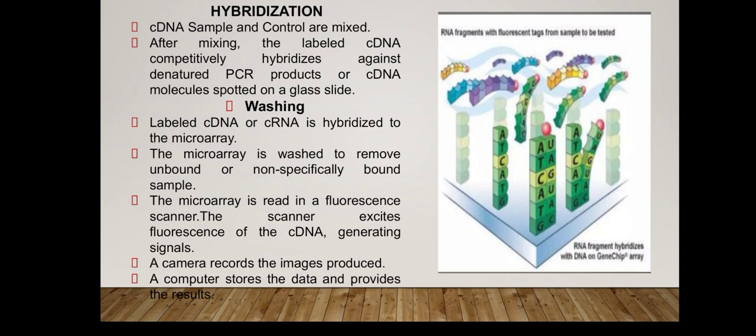The next step is washing. After hybridization, the microarray is washed to remove non-specifically bound labeled cDNA or cRNA. This reduces background noise and helps ensure that specifically bound labeled molecules remain, allowing for more accurate detection and quantification of gene expression.